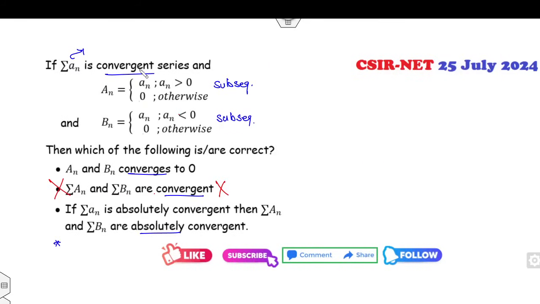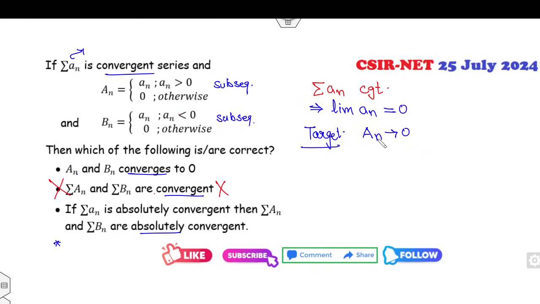Now what will happen if you know the series is convergent? That means the limit of an goes to 0. Now what is your target? Your target is to prove the sequence an goes to 0. How can you prove that?